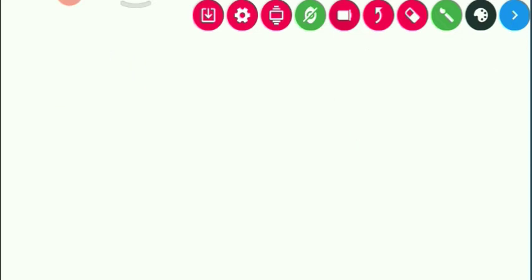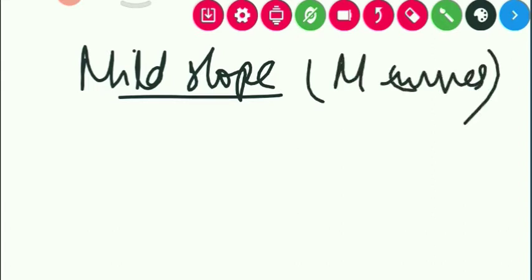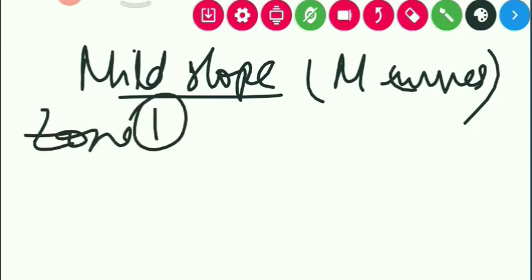Okay, so for example, if we discuss mild slope, then it is called M curves. If the curve we are discussing lies in zone 1, then it is called M1 curve.